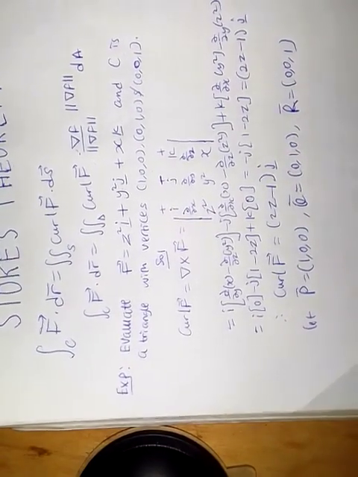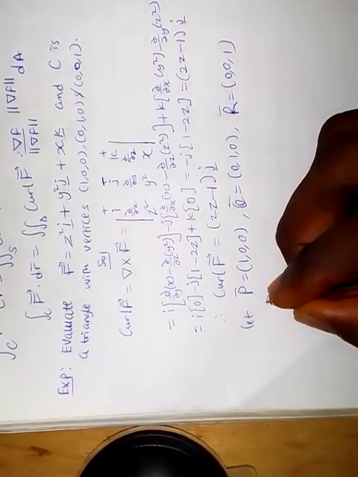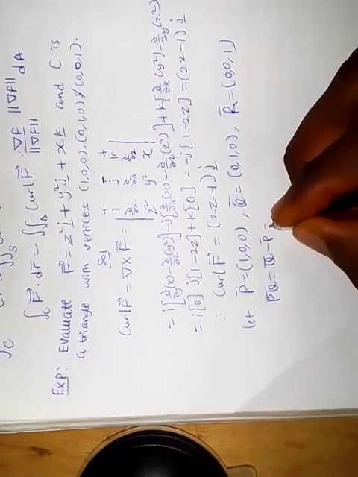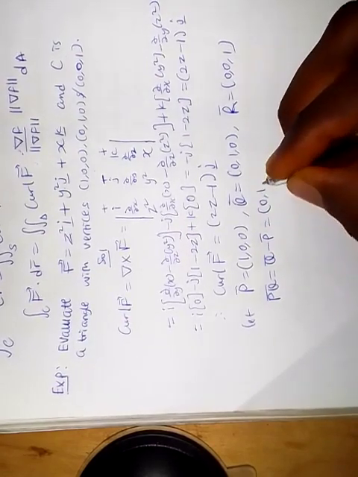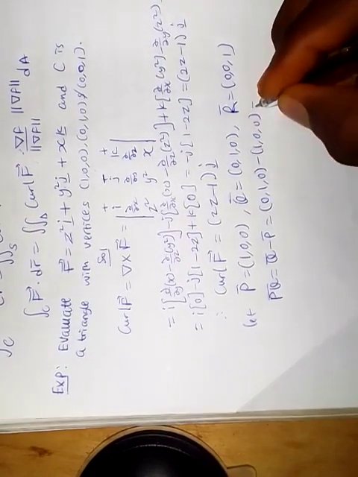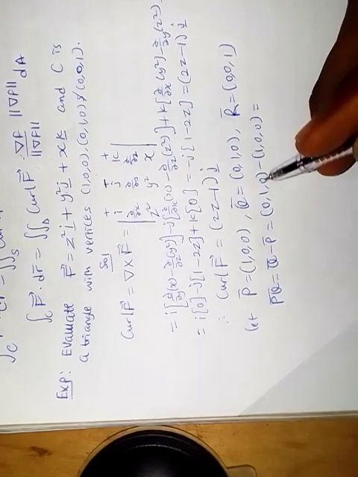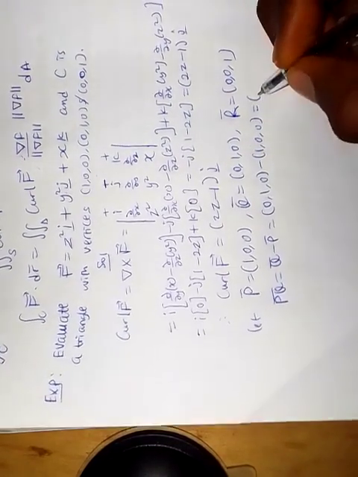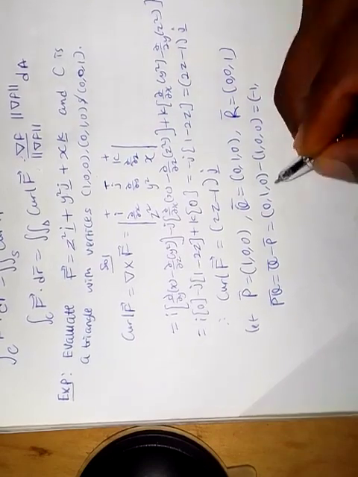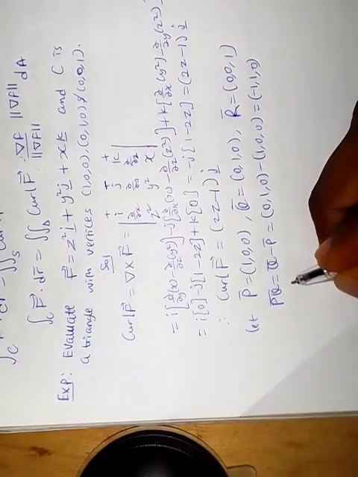So the next thing to do is to find PQ, which is the same thing as Q minus P. So you write Q first, (0, 1, 0) minus (1, 0, 0). When we subtract component-wise, we obtain 0 minus 1, so we have minus 1, 1 minus 0, and 0. So that's for PQ.